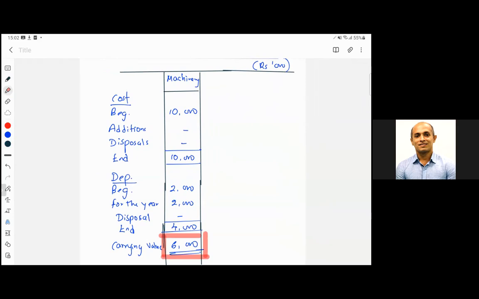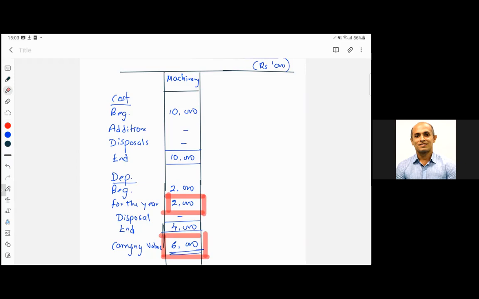Annual depreciation is 2000. So the remaining carrying value is 6000.